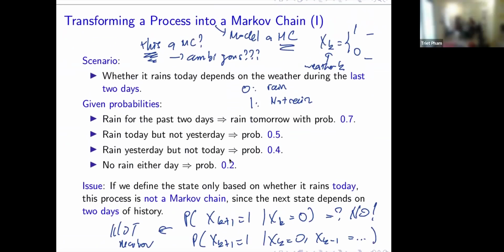is it, again, this is exactly why we get stuck. It's so obvious we just want to call it rain, not rain. But is that the only way we can encode information? Can't we enrich our state space? Can't we encode more information as we go along? Is that a possibility?